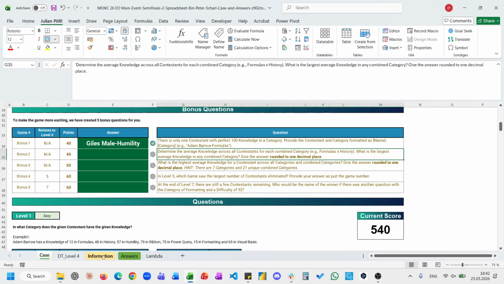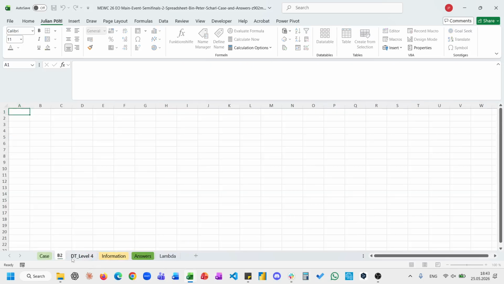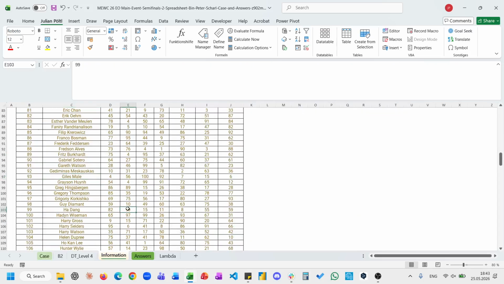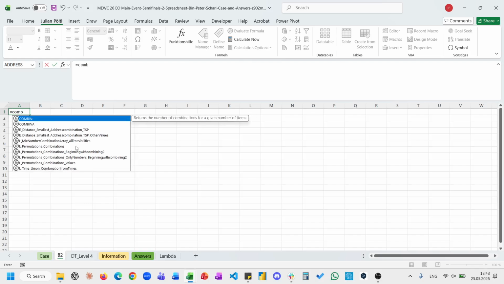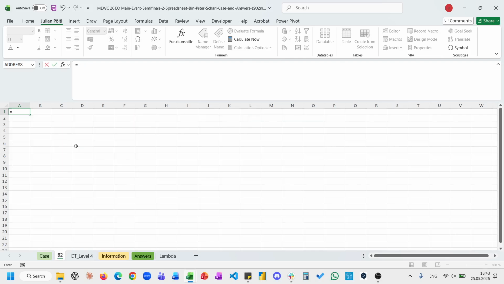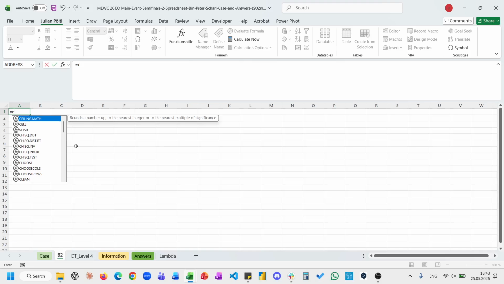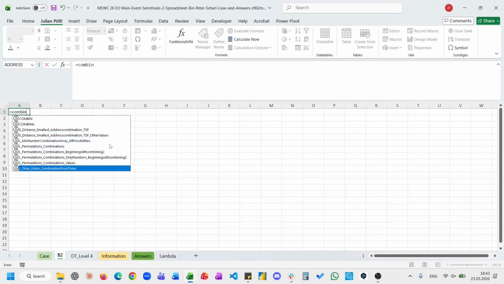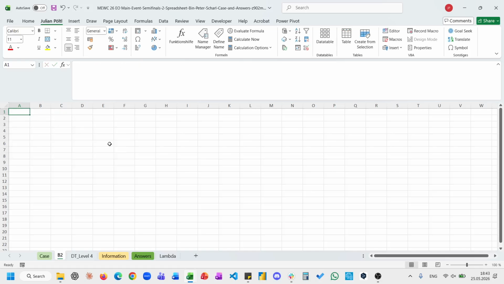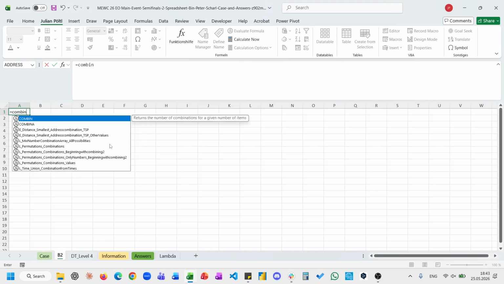Okay. B2, we have how many categories? 7. So lambdas are there. Combine array, how is it called? Permutations, combinations. No. Mixed numbers array.